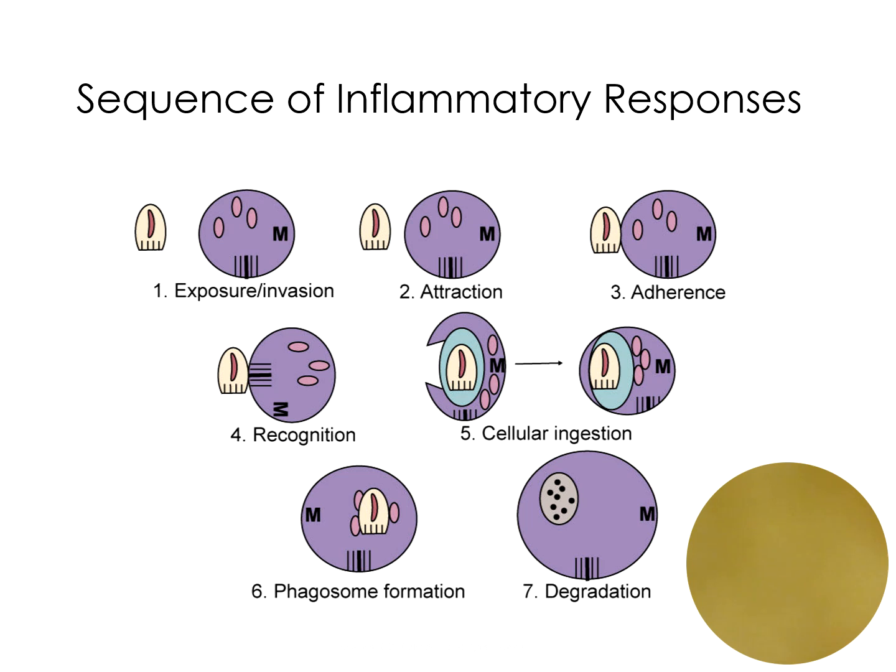It rids the body of debris after tissue injury, with the neutrophils and macrophages being the most efficient. There are 5 cardinal manifestations of inflammation. We've already talked about the warmth, the erythema, and the edema, but there's also pain and decreased function.